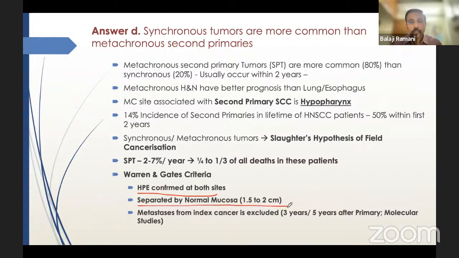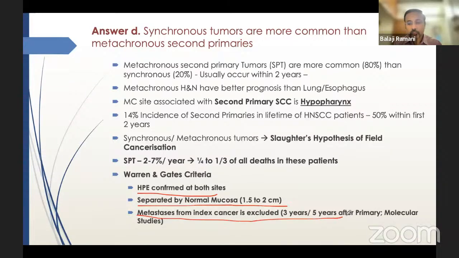This applies for your synchronous tumor. So let's say you have a tumor in the tongue and a tumor in the lip, that is clearly a second tumor. But suppose you have a tumor in one area of the buccal mucosa and something further behind, then you should have a gap of at least 1.5 to 2 centimeters between the two tumors to call it a second primary tumor. Again, the pathology should be confirmed in both the areas, and metastasis should be excluded.